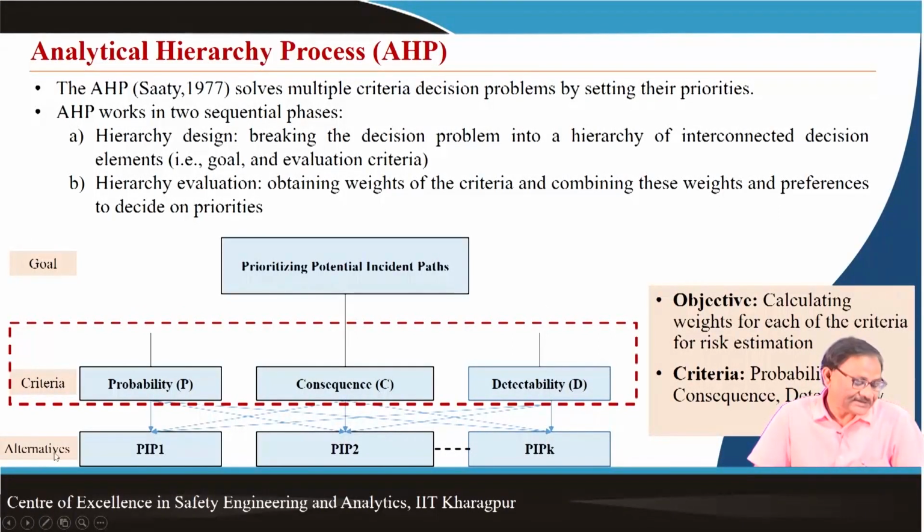Alternatively, suppose for a particular incident path I want to reduce the risk, and I have several safety alternatives, in the sense of safety barriers. So k number of safety barriers are there. Then obviously I want to choose which barrier is the best. Then the criteria will not be probability, consequence and so on.